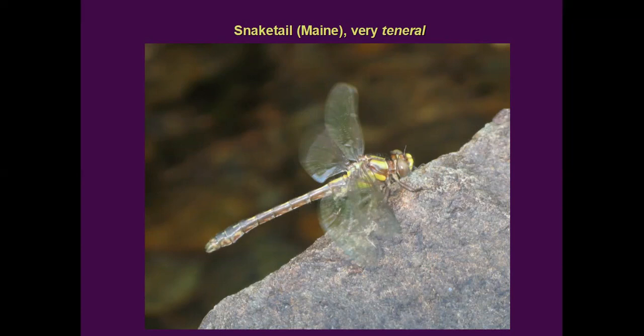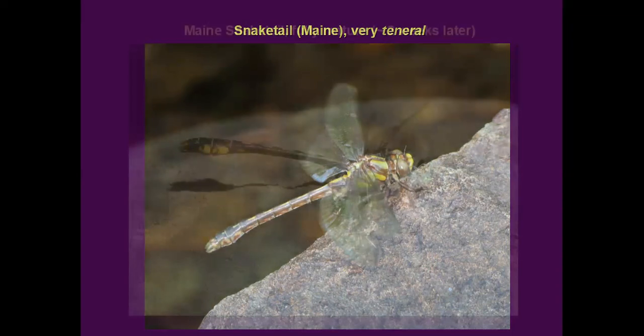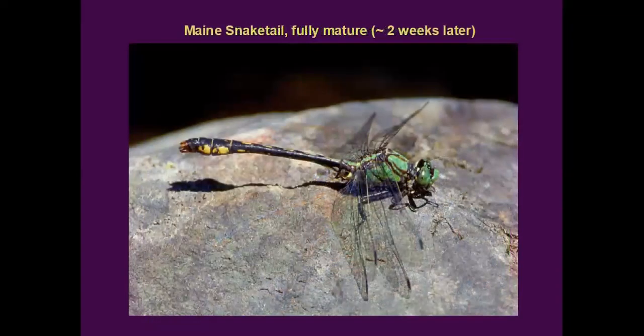But generally speaking, the best way to handle a dragonfly if you catch it with a net is by the wings, unless it's teneral. And here it is about 2 weeks later in full color, the same species, a Maine snaketail, and they can be extremely colorful.